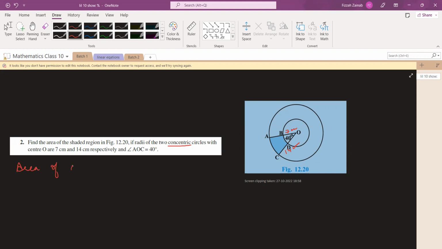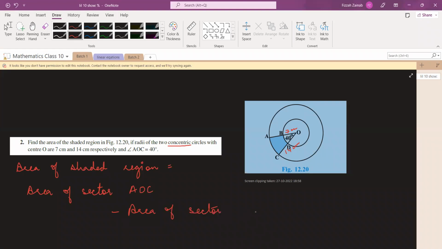So we subtract the area of the circle minus, no, I think you don't have to find the area of the circle here. You can find simple area of sector, right? Use the sector formula, sector AOC, right? And minus area of sector BOD.